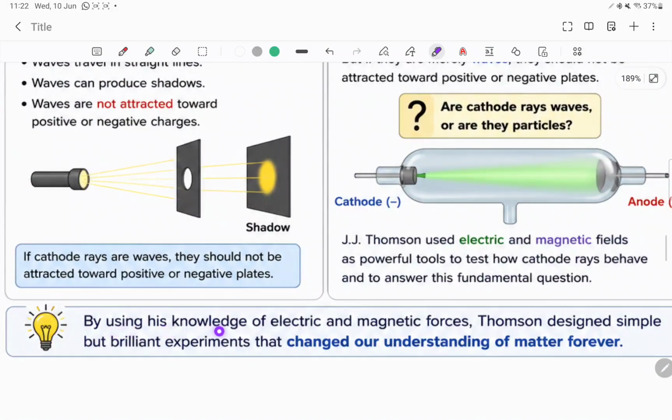So by using this knowledge of electric and magnetic forces, Thomson designed a simple, brilliant experiment that changed our understanding of matter forever. Let's see how he proceeded.